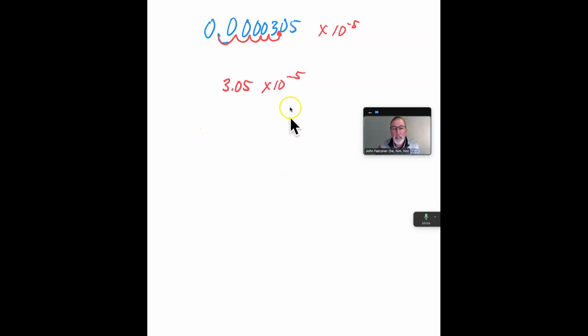And then when you convert this back into standard notation, since we left ourselves a little sign here, this negative 5 means we would go 1, 2, 3, 4, 5 places to the left, and this is where the new decimal point would be.